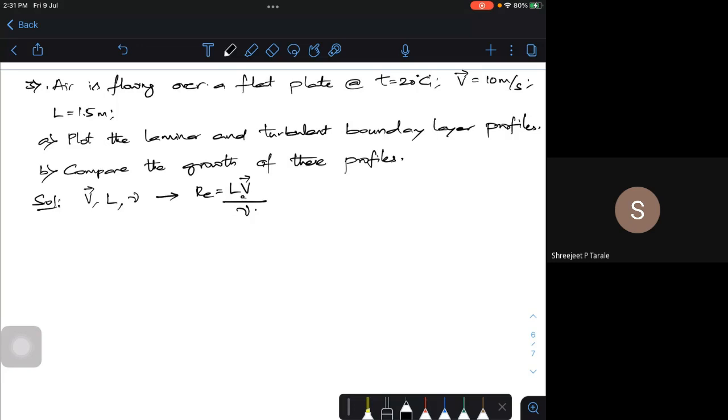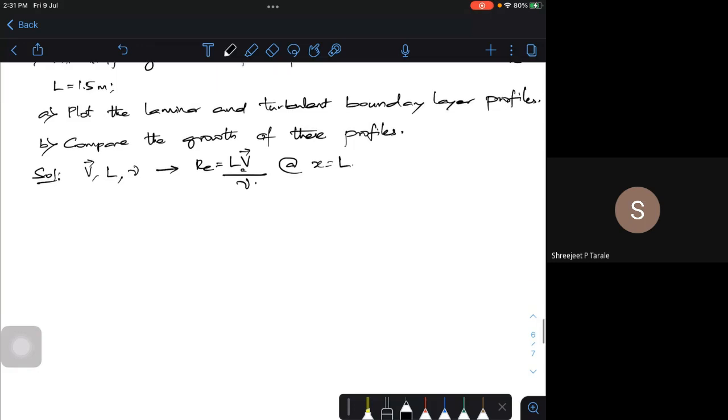I want to calculate the Reynolds number at some distance x, so this L is equal to x. If I want a local one, I can give any number between 0 and 1.5, the length of the plate, for the full length. If I want a local Reynolds number, I should give that value.